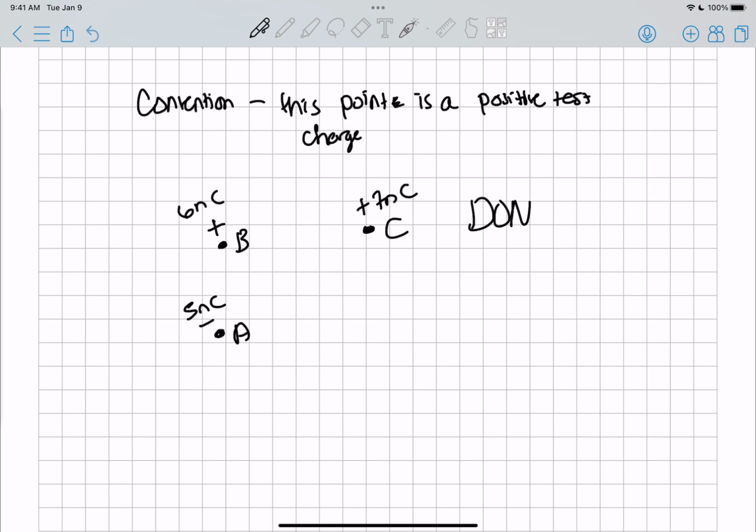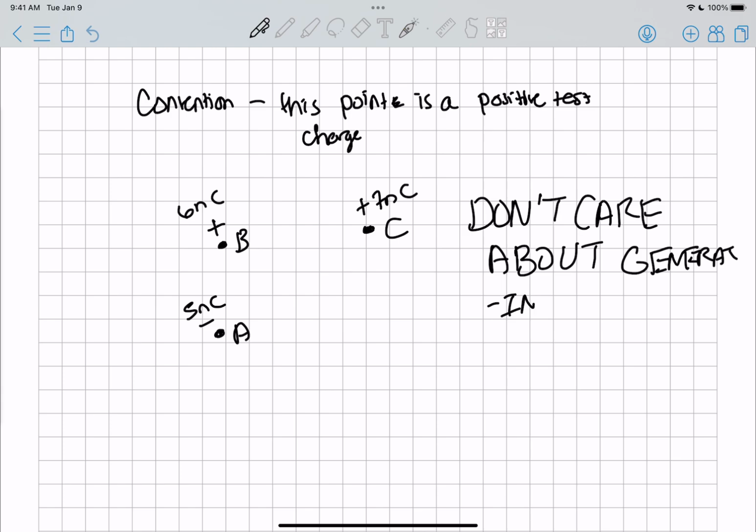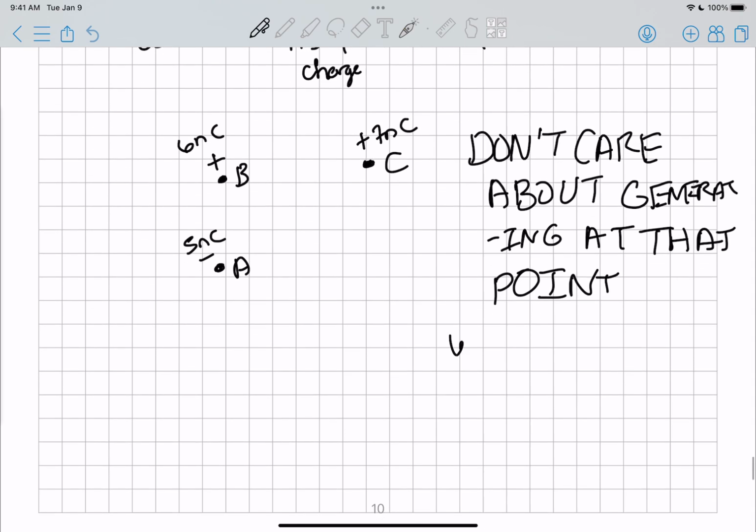We don't care about what it's generating at that point. We only care about what it feels, right?